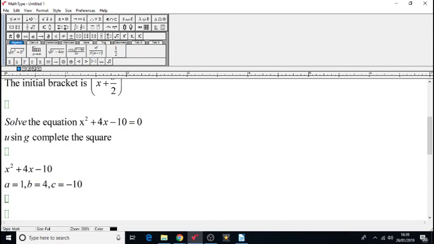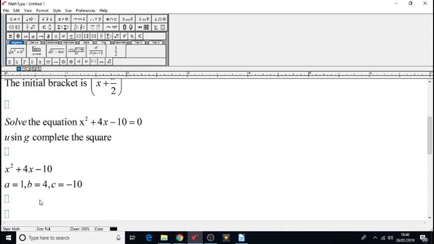So now we've got our a value, our b value, and our c value. We only really need our b value, but it's good to make a habit of writing down your a, b, and c values in case, let's say, you're not using the method of complete the square to solve the quadratic equation. You might just use the quadratic formula.